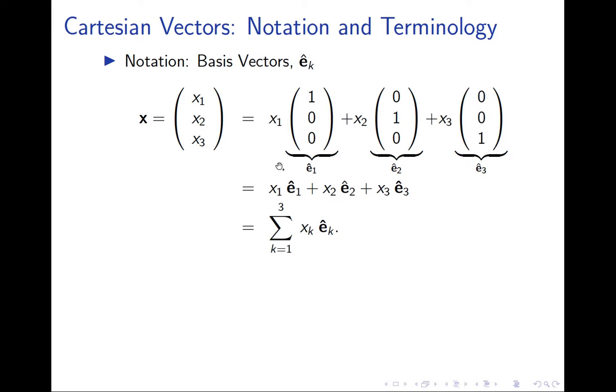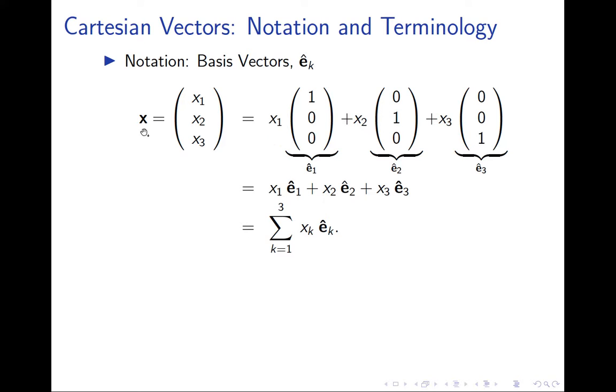You can check by the rules of vector addition and multiplication stated before that indeed this sum is equal to this. Now these three special vectors, 1, 0, 0, 0, 1, 0, and 0, 0, 1, form something which is known as a basis, in which we can resolve all vectors.